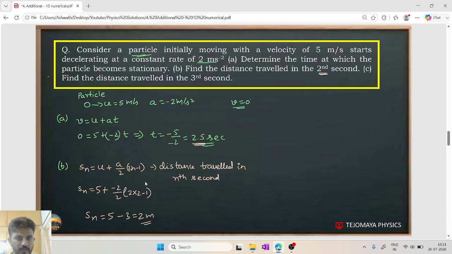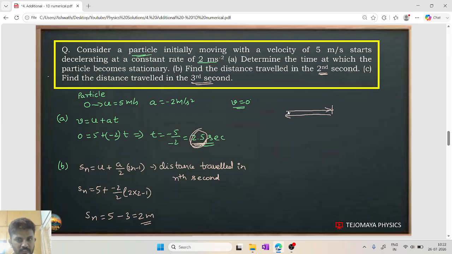Now they're asking the last question: what is the distance traveled in the third second? Sir, the particle is going to stop in 2.5 seconds. How can it travel in the third second? That is only 0.5 seconds it will travel, right? No. Actually, the particle moves forward in the last 0.5 seconds after 2 seconds, and in the next 0.5 seconds it comes backward.